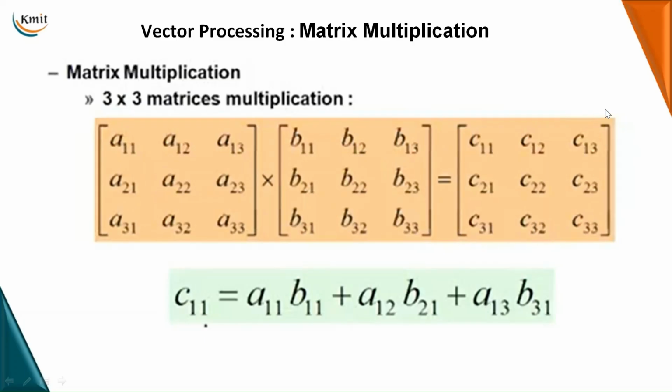The output matrix contains what are called the inner products: C11, C12, C13, C21, C22, C23, C31, C32, C33. So how do I calculate the inner product? C11, I can calculate as A11 into B11 plus A12 into B21 plus A13 into B31.